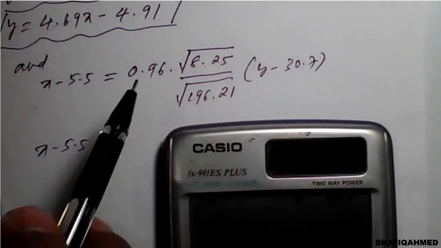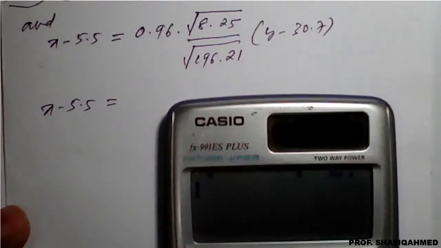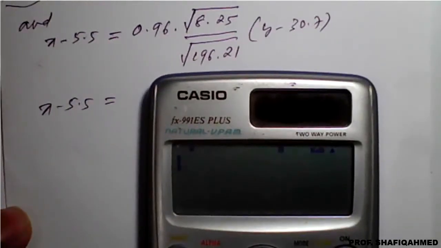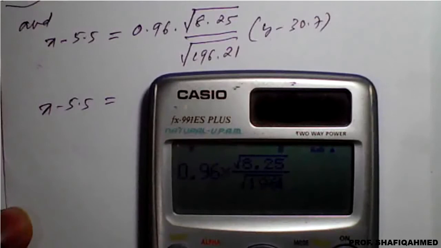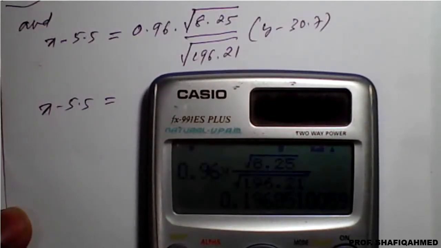So if you calculate this again, x minus 5.5 equals 0.96 into square root of 8.25 divided by square root of 196.21. So we'll get this answer as, I will take 3 decimals here because 9 is coming, 0.197.